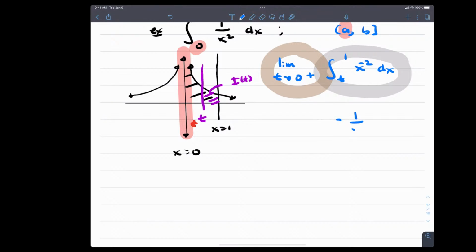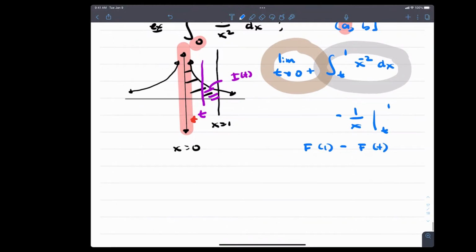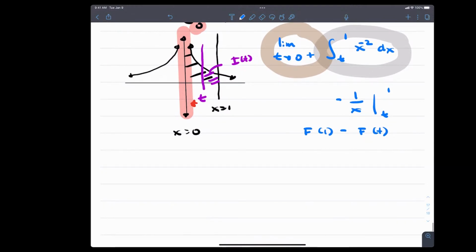So again, negative 1 over x, from t to 1. It can get a bit confusing. If I don't write this down, I might make a mistake. Here's my f of 1. Is that right? Minus 1 over t. So I have to write that down and think about it that way, ladies and gentlemen.